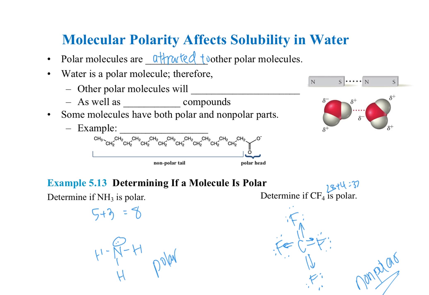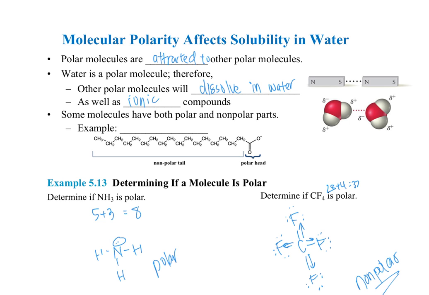So there's a partial positive and a partial negative. Those charged sides are going to be attracted to other polar molecules, which makes polar molecules dissolve in water because water is very polar. It will also dissolve ionic compounds.